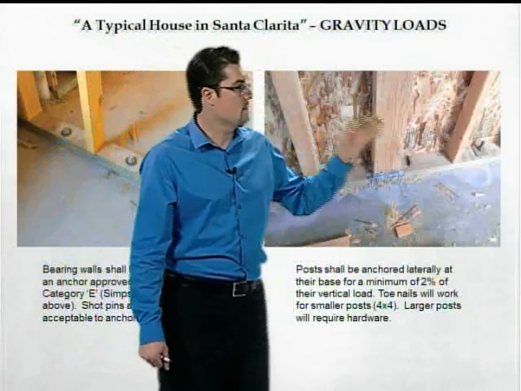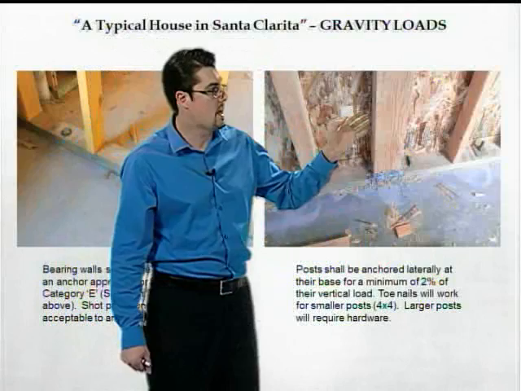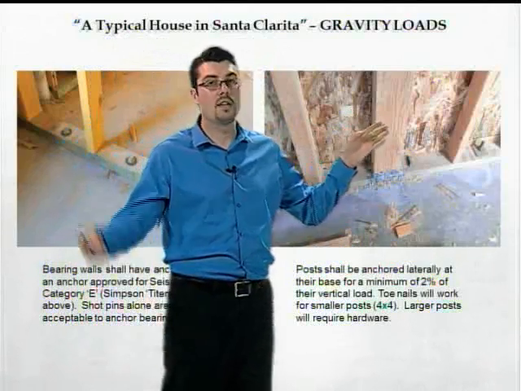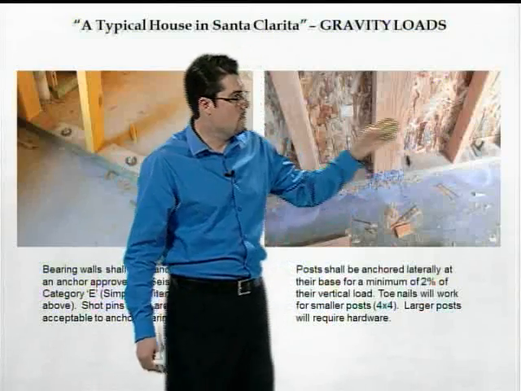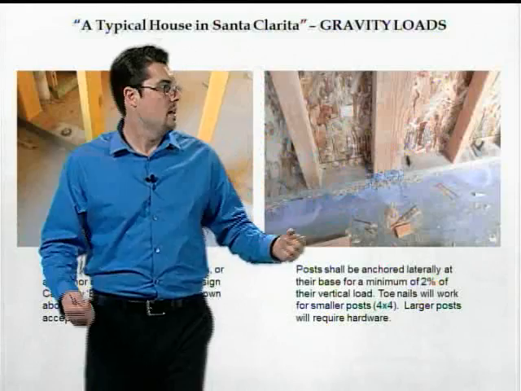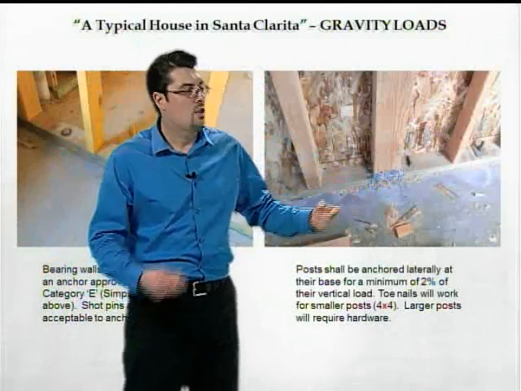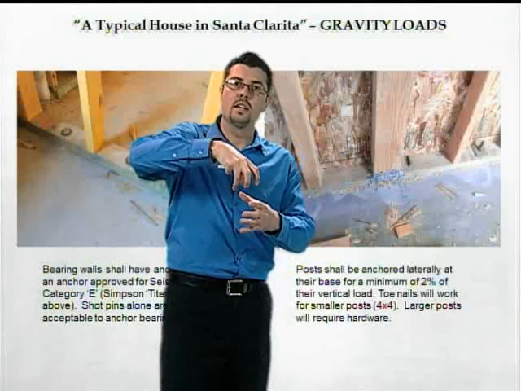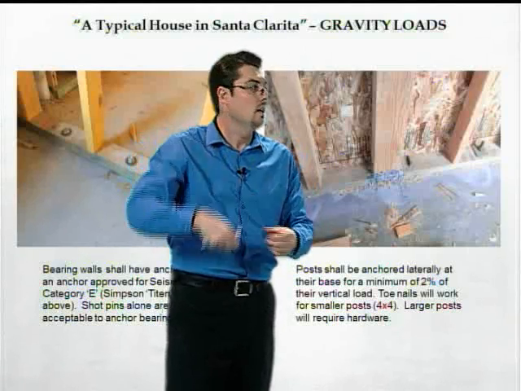Another important item to mention is that posts must be anchored laterally to their base for a minimum of 2% of the vertical load. As we saw in the training before, this 4x6 post could easily have 12,000 pounds on it. And so at the base of the post, you want to have a nice solid connection to make sure that post in an earthquake is going to stay put.